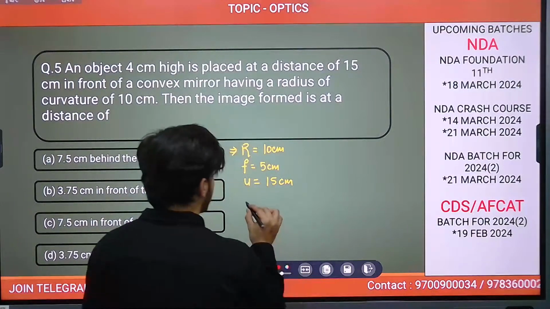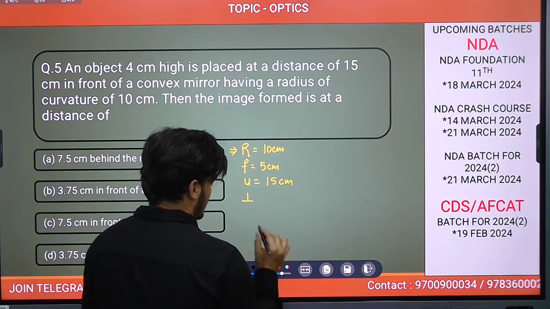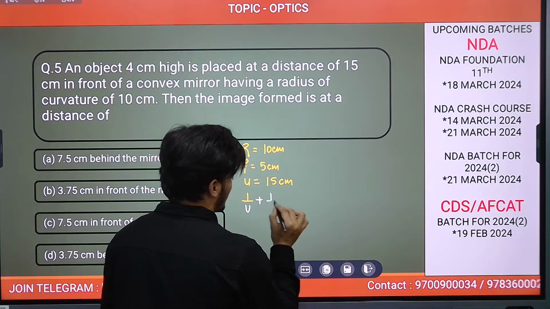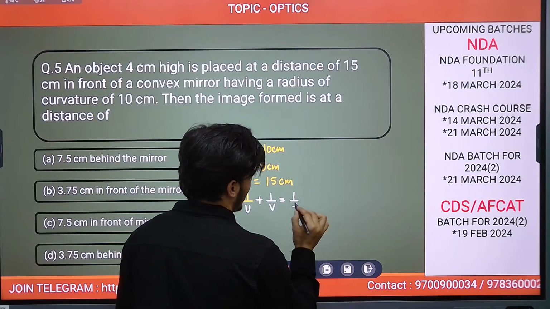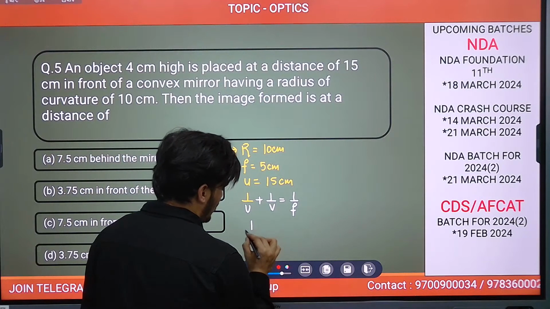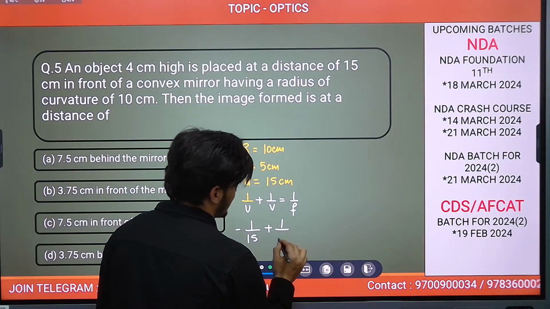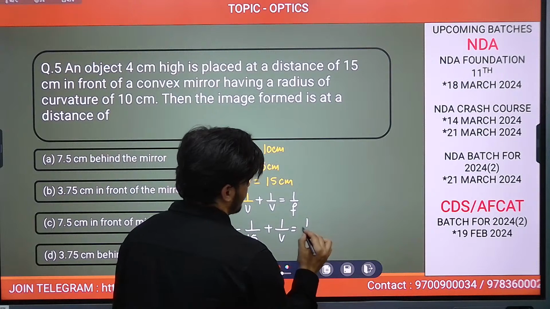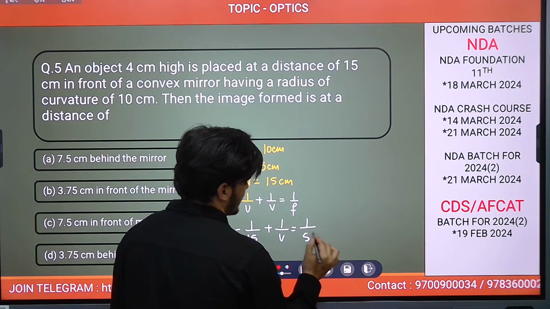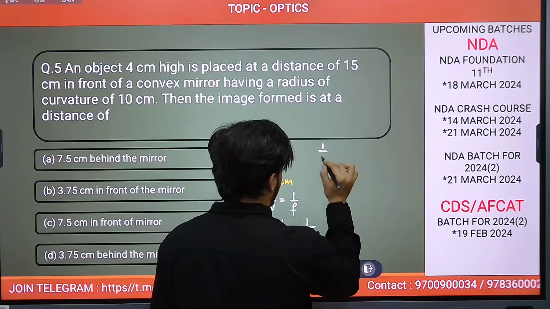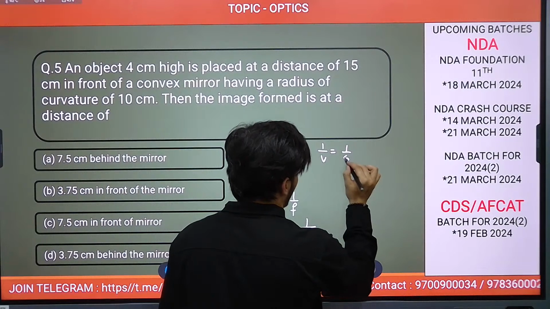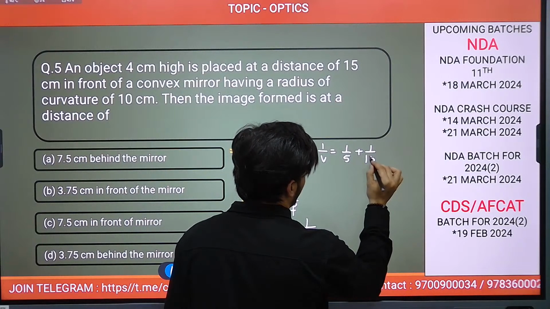The formula is 1 upon U plus 1 upon V is 1 upon F. 1 upon U object distance minus 15. 1 upon V image distance, how much we have to calculate? 1 upon F focal length 5 centimeter. So 1 upon V, 1 upon F plus 1 upon 15.